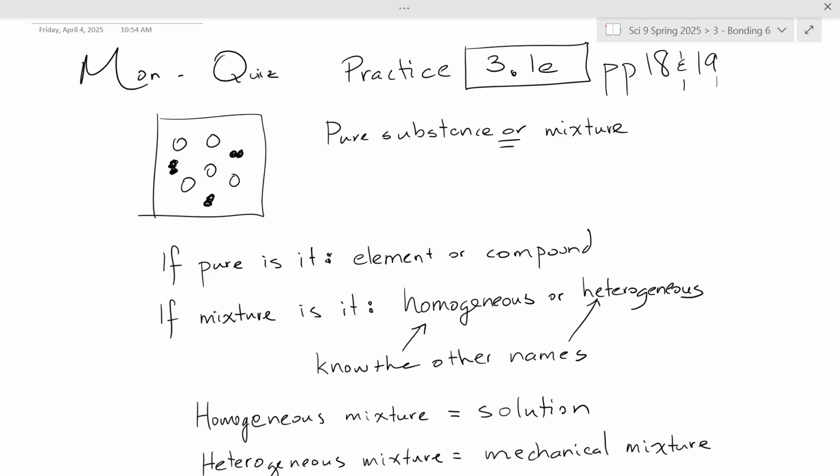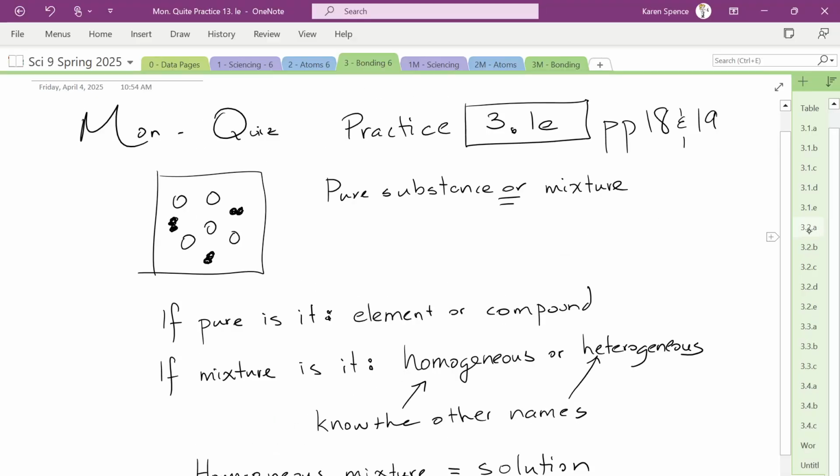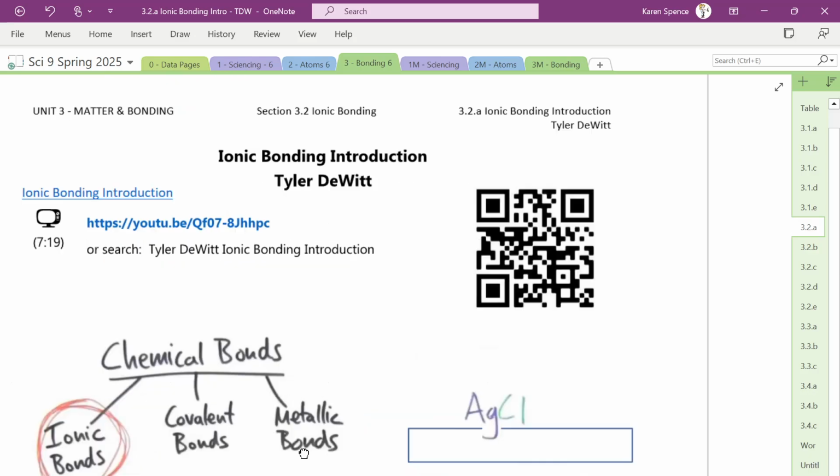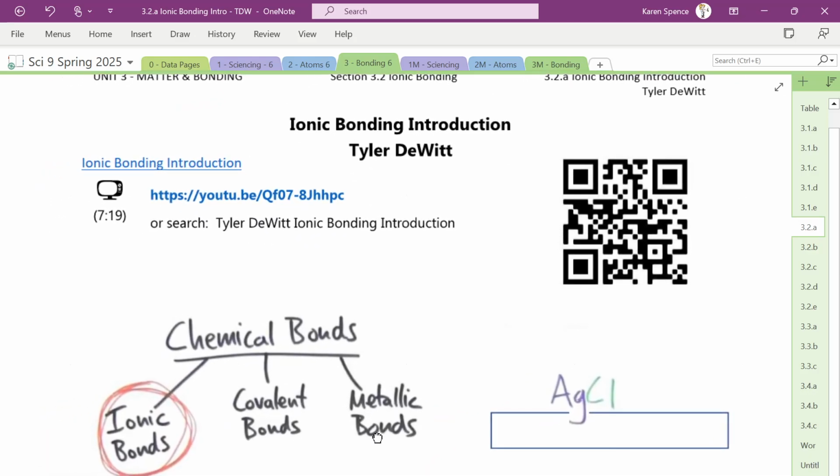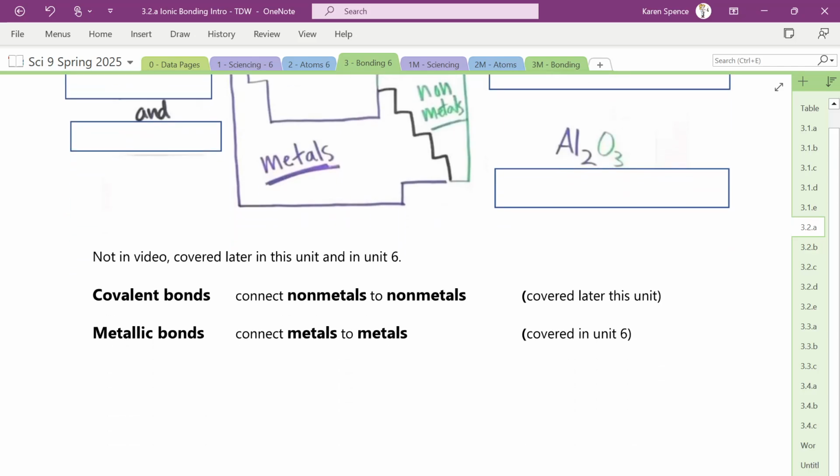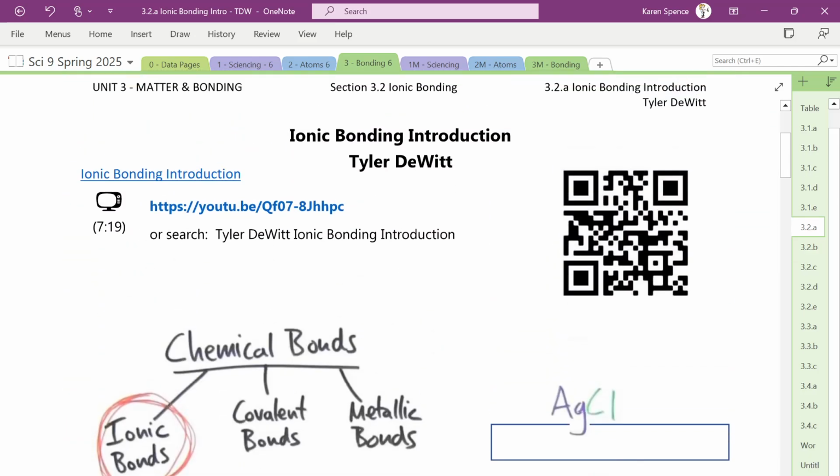But in the meantime, we are going to go on to the next part of this unit, which is section 3.2. We're going to look at ionic bonding, and that is on page 20.